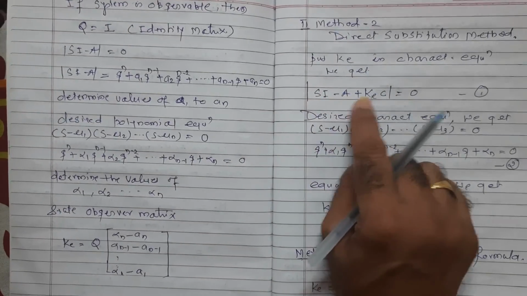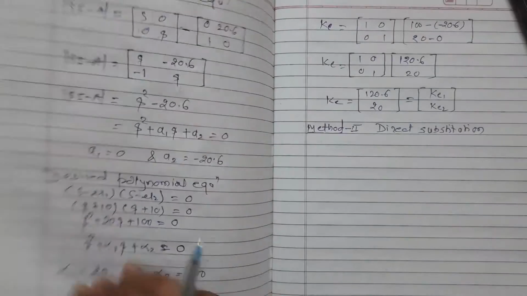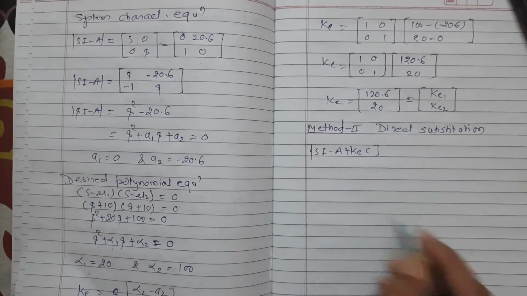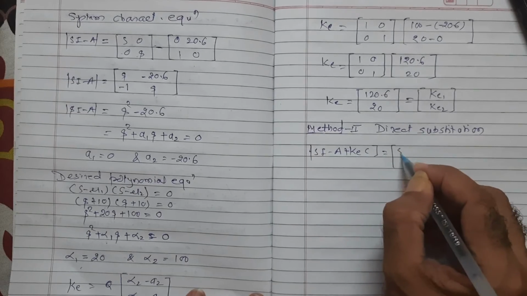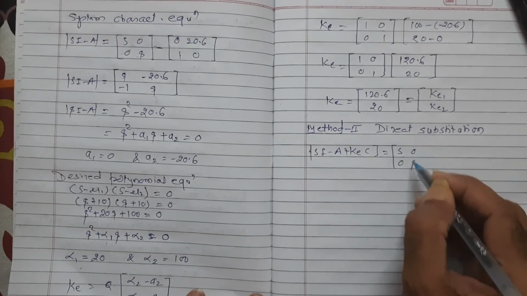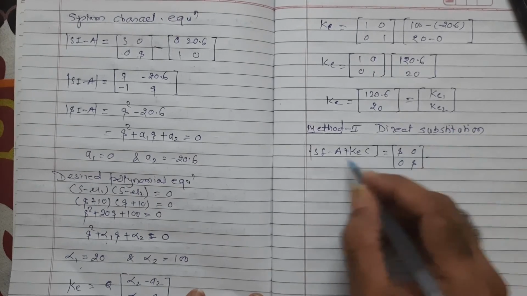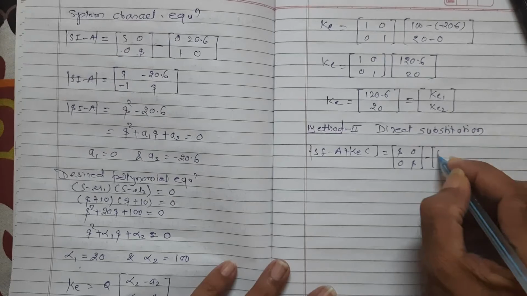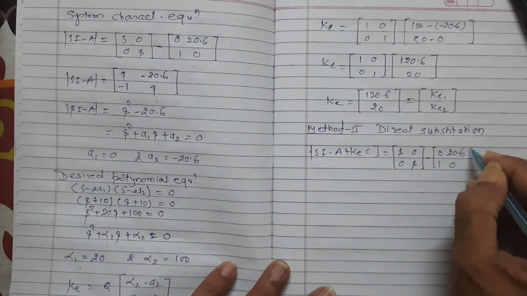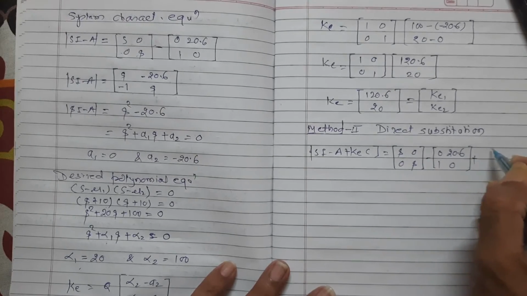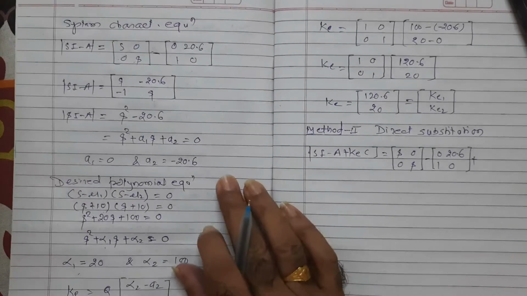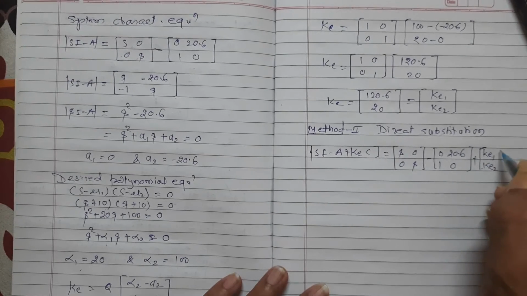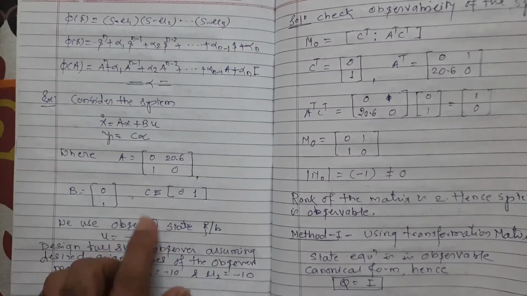we know the equation, that is sI minus A plus Ke into C. Now we will use this equation, sI minus A plus Ke into C, it is equal to s times I, that is s, 0, 0, s, minus A. A is equal to what? 0, 20.6 and 1, 0, plus Ke into C. Ke is Ke1 and Ke2, and C is how much? 0, 1.